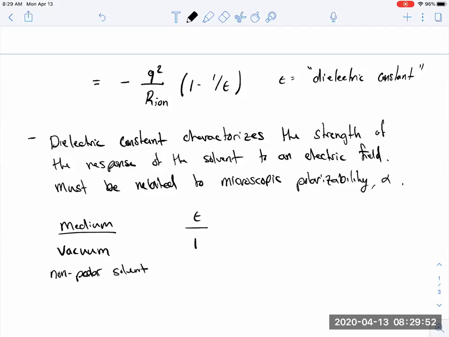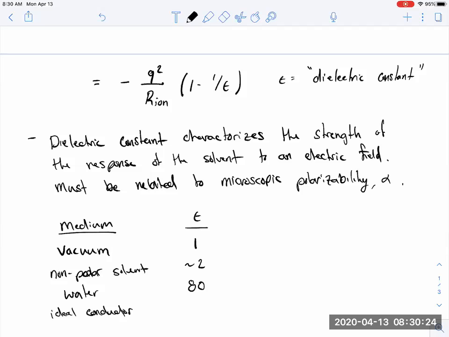A non-polar solvent, something like an organic solvent, hexane, might have a dielectric constant of 2. Water, on the other hand, being a very polar solvent, has a dielectric constant of 80. It responds very strongly to electric fields. Now, an ideal conductor, something like a metal, responds completely or fully to electric fields.